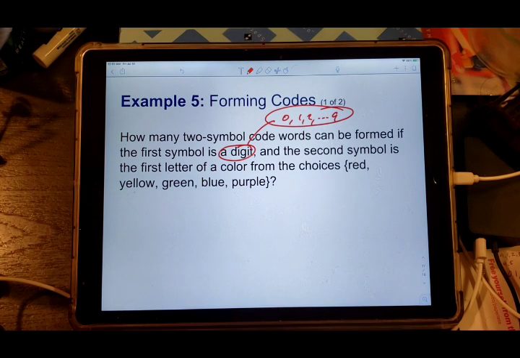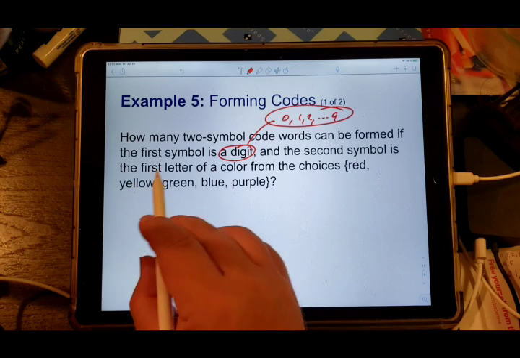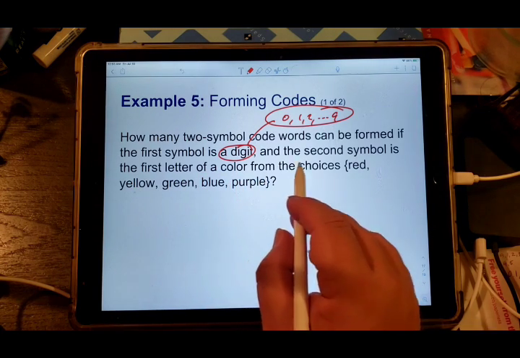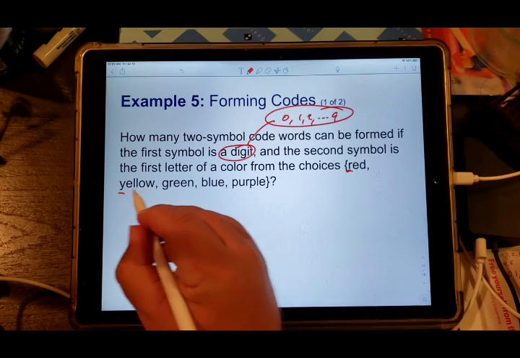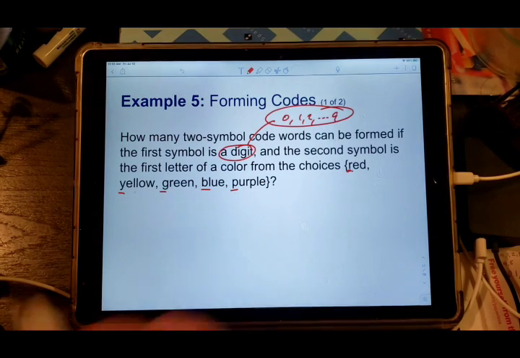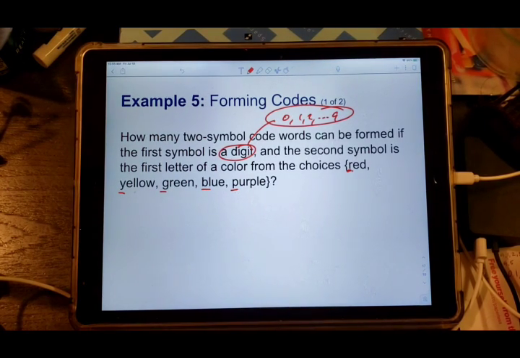So there are 10 digits. And the second symbol is the first letter of a color from the choices red, yellow, green, blue, purple.